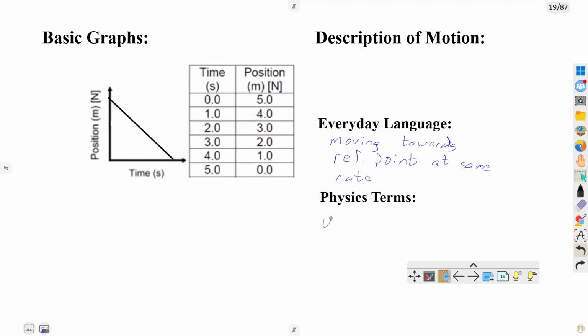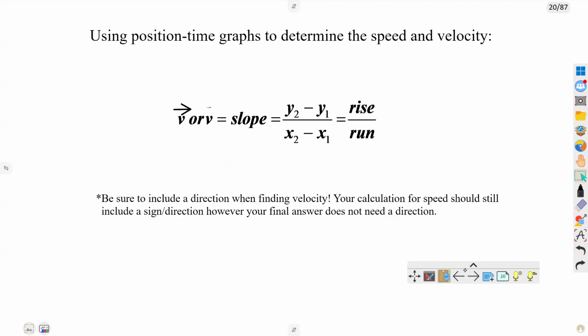And again, as you probably guessed, in physics, this gives us uniform motion, except now it's in a negative direction, going back to the reference point. At least in this case, since we're looking at position, positive is north, we're moving south.